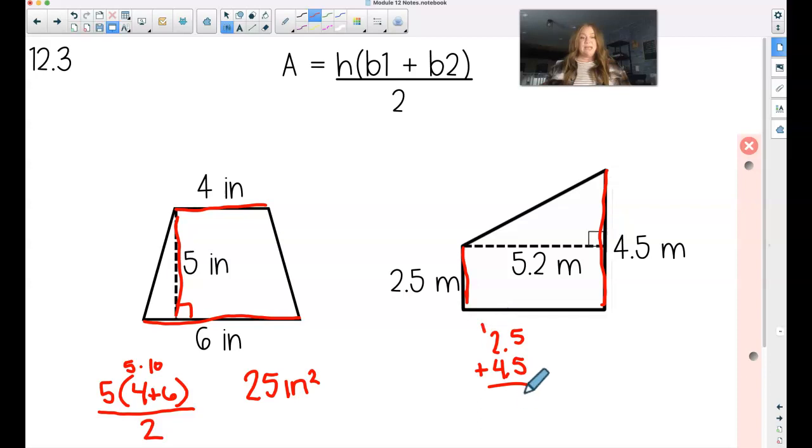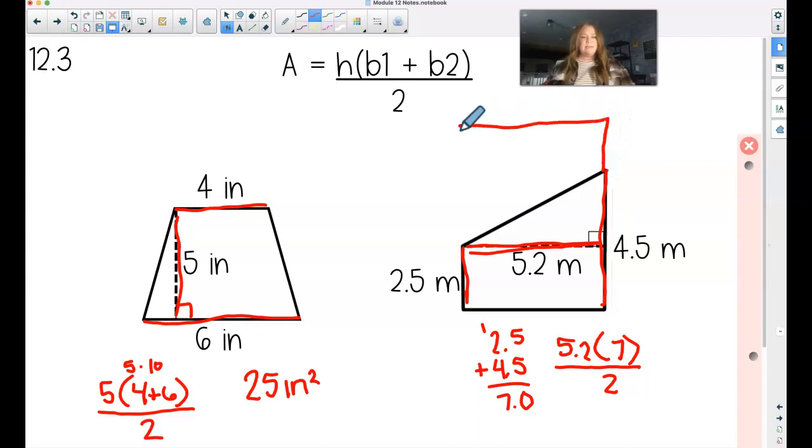So my bases together are 7. And I'm going to multiply that by the height, right? The height connecting those is 5.2. And then I will cut that in half. Because right here, I added on that 2.5 base. The height's the same, and then here's my 4.5. This really just made a rectangle. So I've got to cut it back in half to get back to my trapezoid.